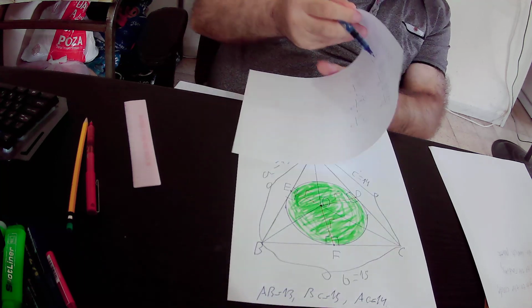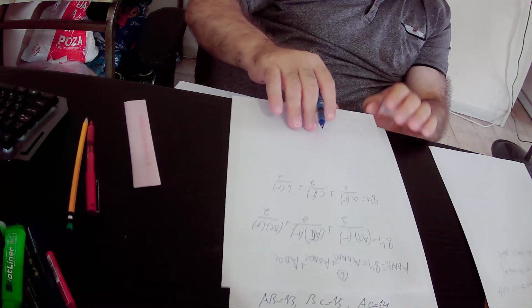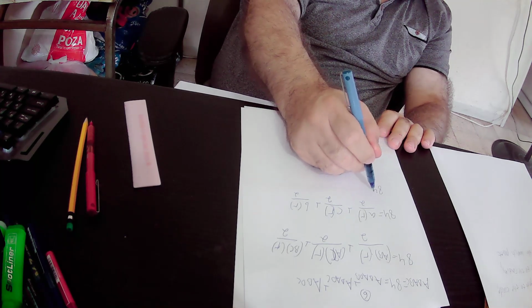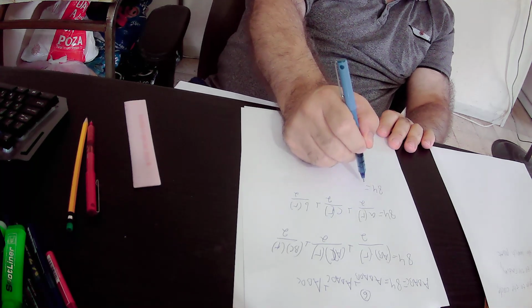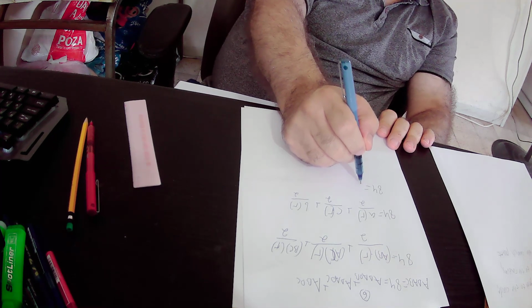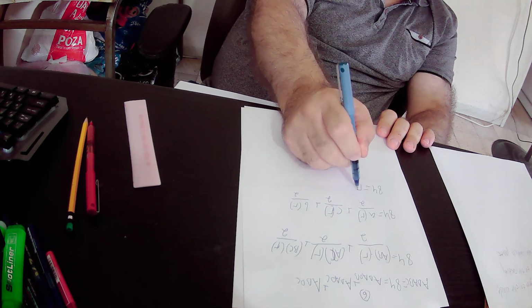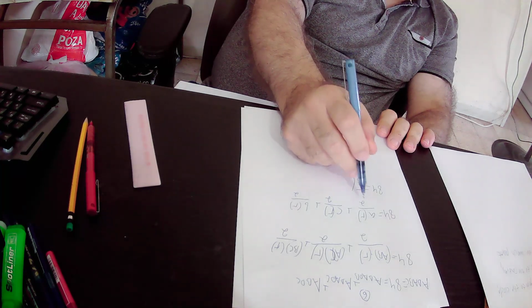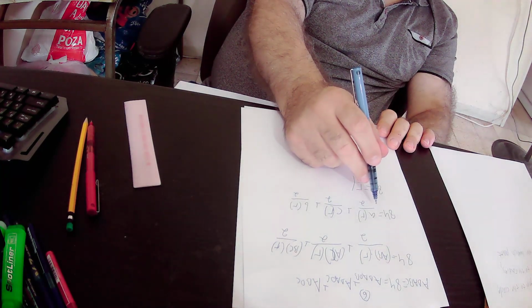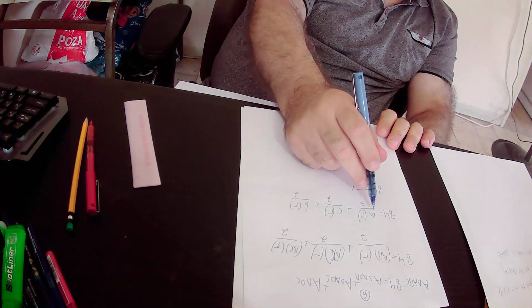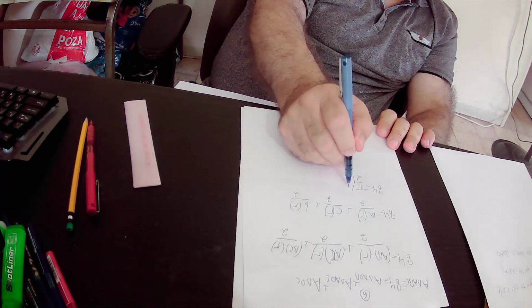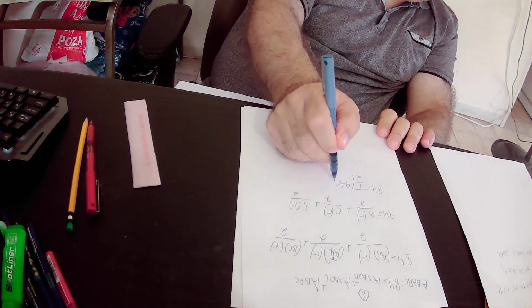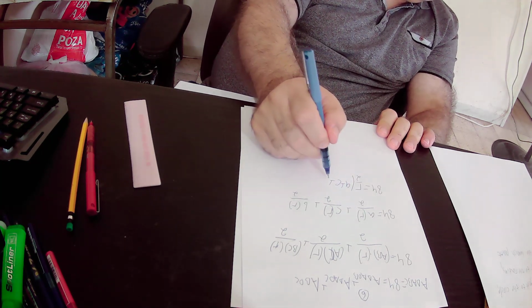So we get that 84 square units equals the common factor that we took out, R over 2, and inside the brackets we will have A plus C plus B.